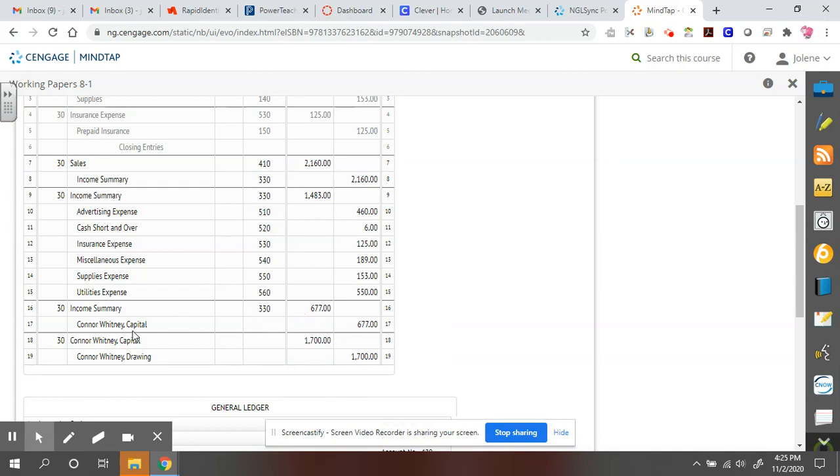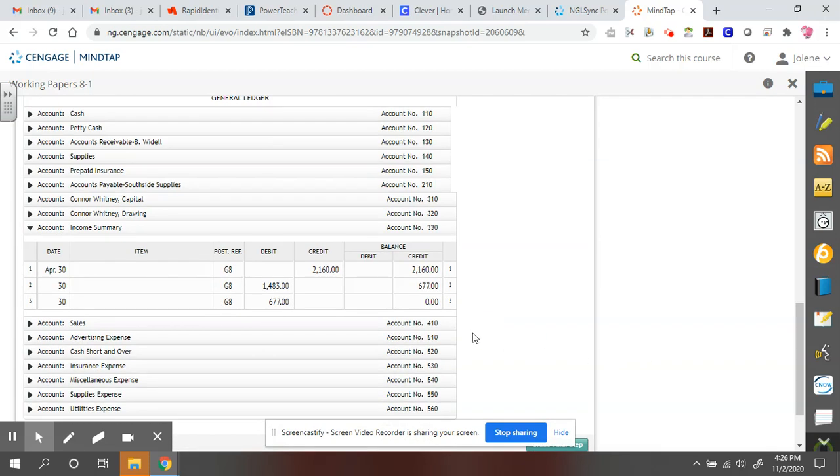Now we have capital. We have to go to capital and put the 677 in capital. And if you remember, capital, owner's equity, has a credit normal balance. So what you're doing is this is the profit for the month, and you're just adding it to your capital.